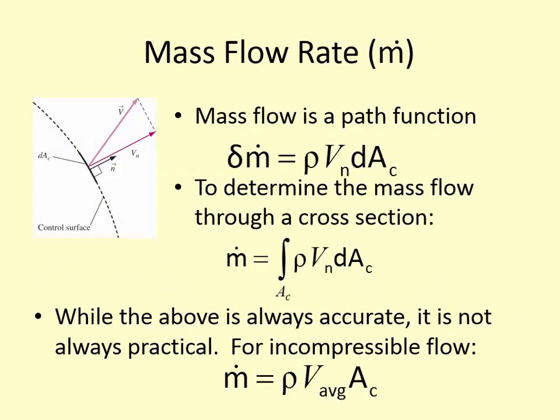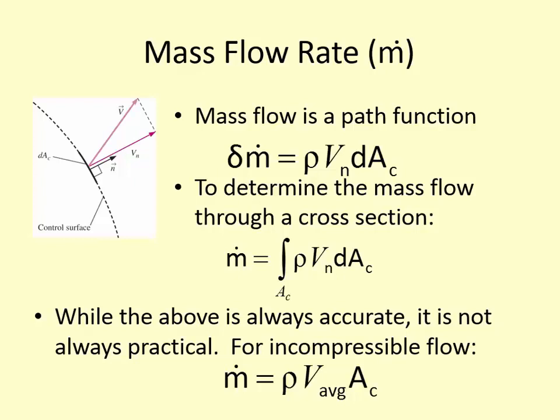We will deal a lot with mass flow. We've used mass flow rate already in our problems when we were just looking at some simplified versions with velocity of flows in reservoirs. But it's important to know that mass flow is a path function, so it's very much dependent upon how it flows through the cross section and what the difference is between the mass flow vector and the velocity vector.